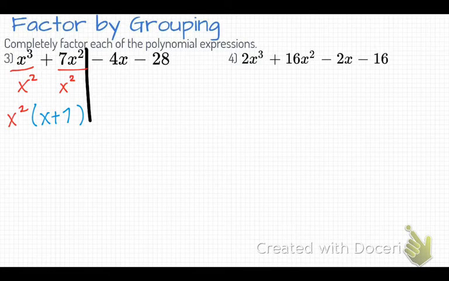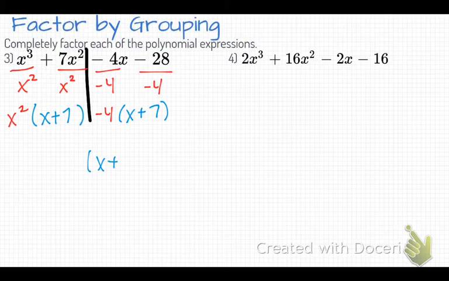Yeah? Okay, now on the right side between negative 4x and negative 28, what is the GCF here? Negative 4, perfect. And I'm left with x plus 7, amazing. So I have x plus 7 times x squared minus 4.